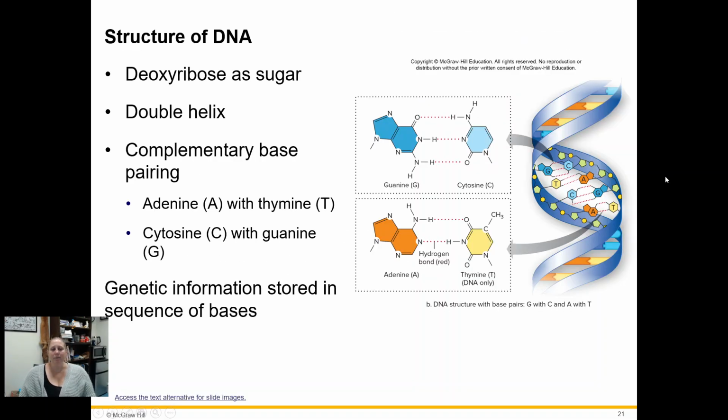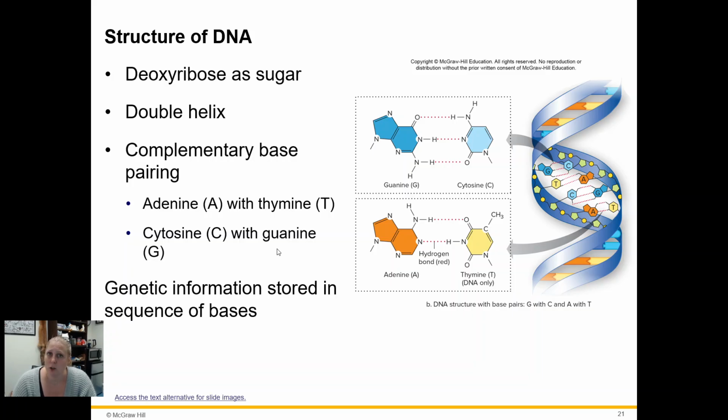So DNA has a deoxyribose sugar, and it is a double helix. Guanine pairs with cytosine and adenine pairs with thymine, and between these pairs we have hydrogen bonds. The hydrogen bonds play a role in allowing that DNA to stay zipped and then be unzipped when we need to read the genetic information that is stored in that sequence of bases.